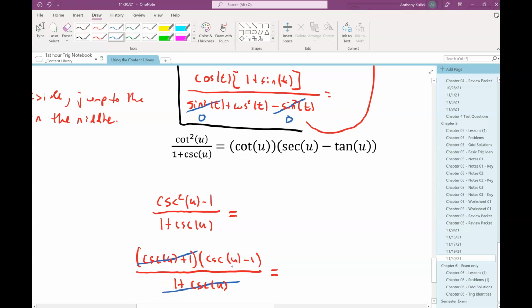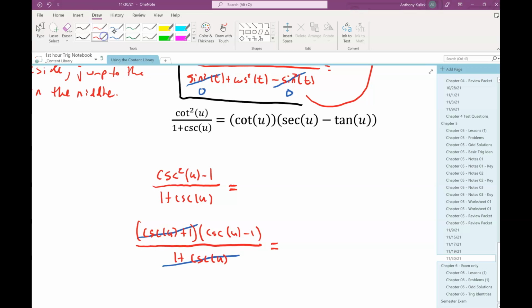Even though they're in a different order, it's okay because addition is commutative, right? 2 plus 3 is the same as 3 plus 2. Cosecant plus 1 is the same as 1 plus cosecant. And then I'm left with cosecant u minus 1, which is great. I've got rid of the fraction.